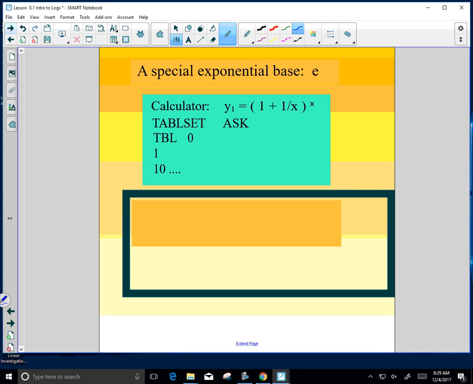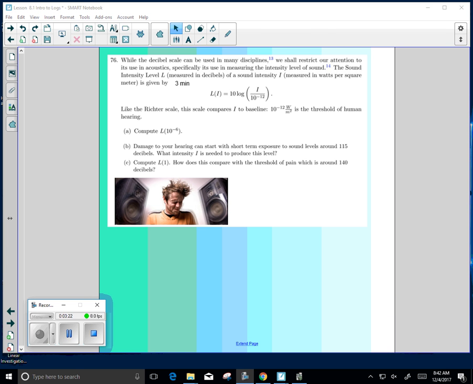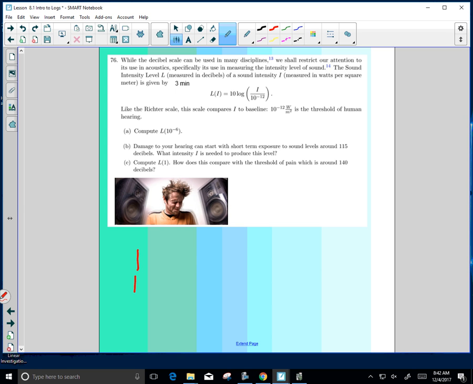All right, let's talk about it quick. Take your calculators out. And we're going to just do one of these word problems having to do with decibels. Decibel is a way of looking at huge ranges, like the ranges from 1 to 10 billion.